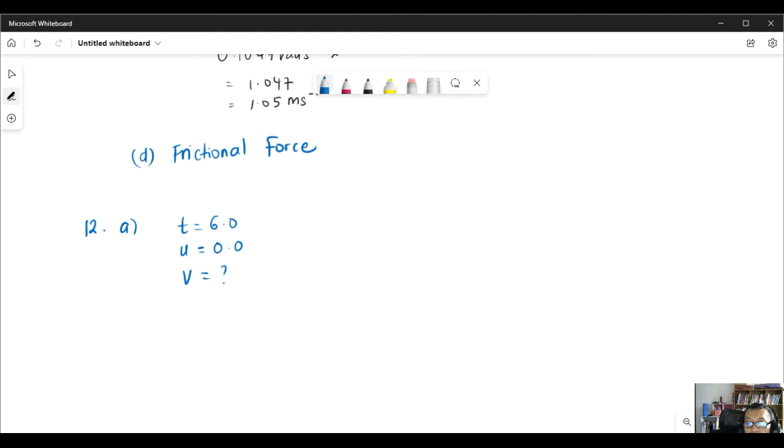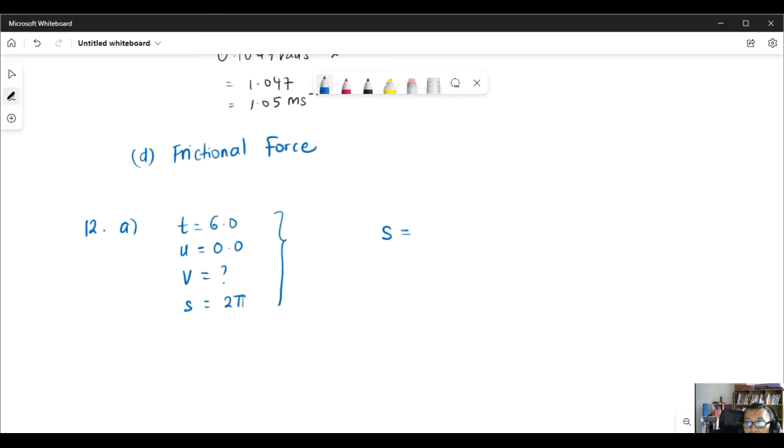And we know that the displacement, the angular displacement, is 2 pi. Therefore, if you have learned in Form 5 Physics linear motion, there is a formula that relates all these 4 letters.